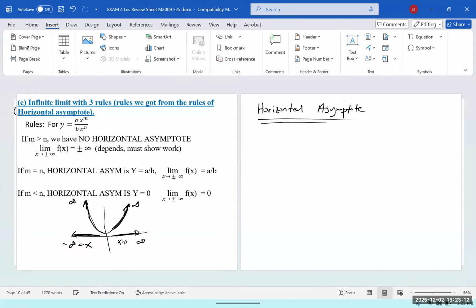Horizontal asymptote depends on your type of function. We have three types of functions. Y equals, let's say, x big over x small, meaning we have a higher power on the numerator, or y equals x small over x big, where the numerator has a smaller power than the denominator, or the same power on the top and on the denominator.